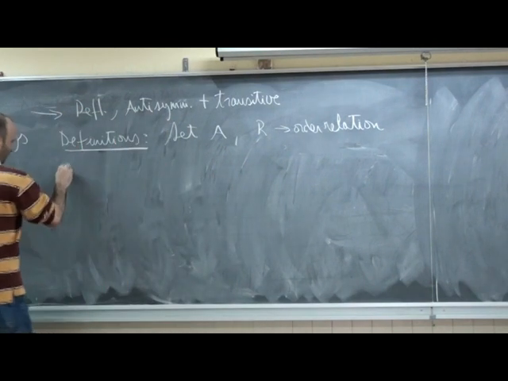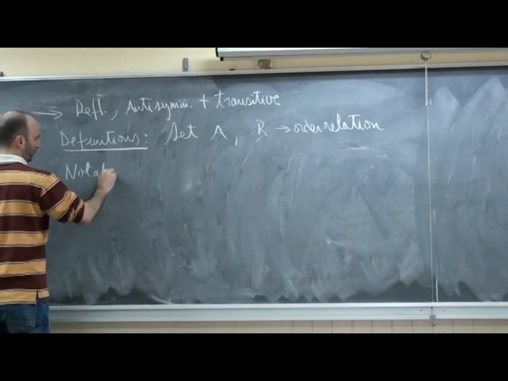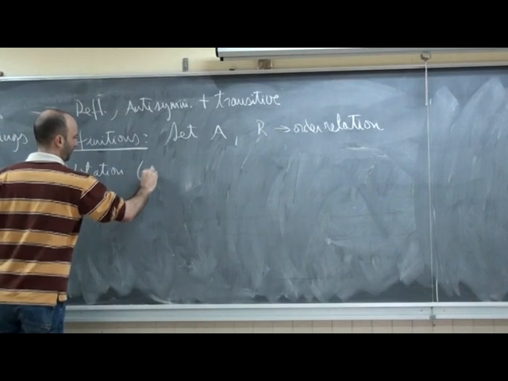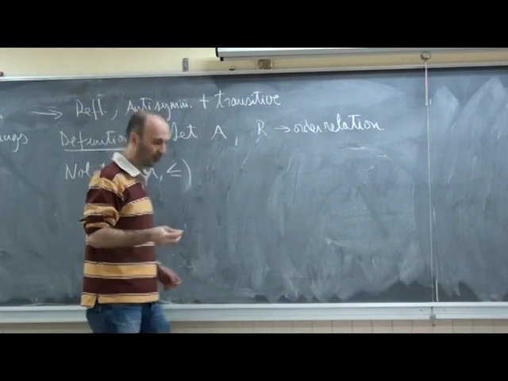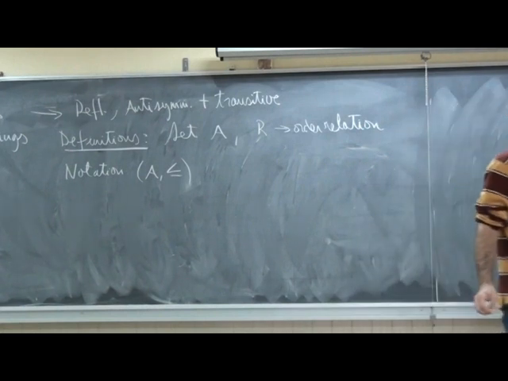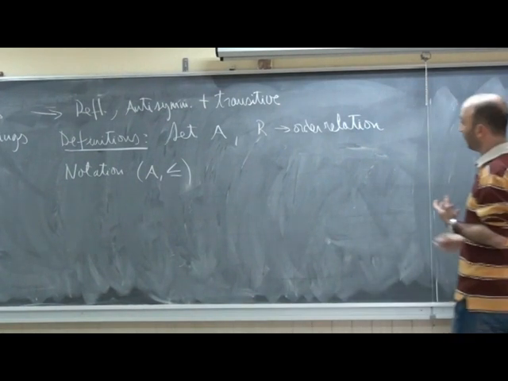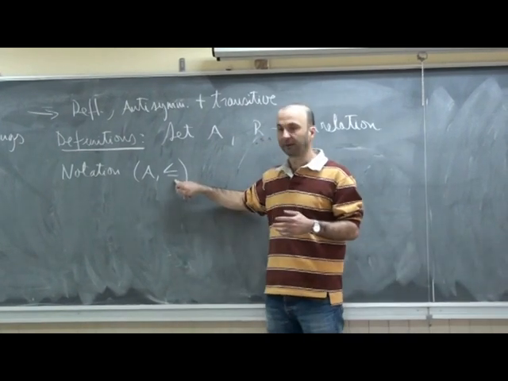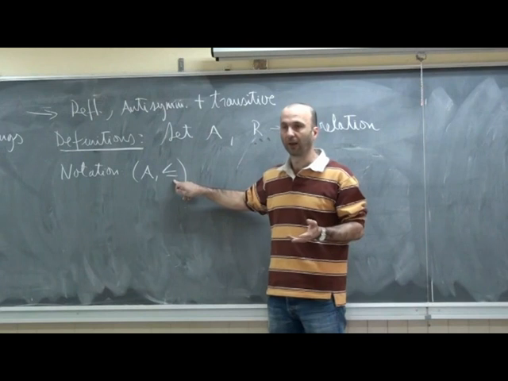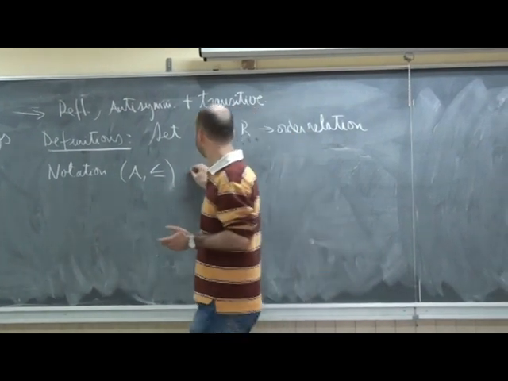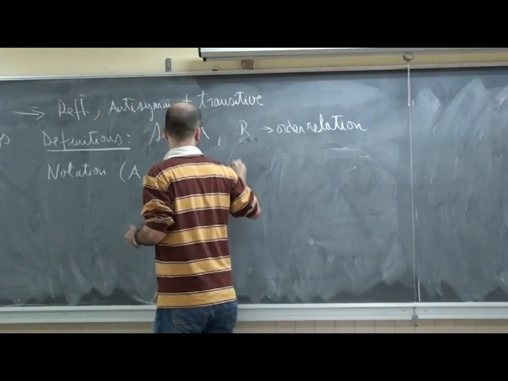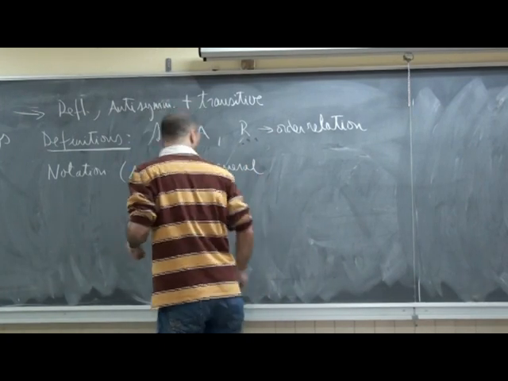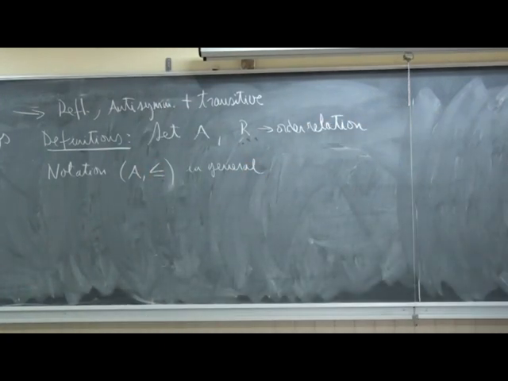And first of all, I write that, which means that when I know this relation is of order, I just write this sign, which is less or equal than in general. A couple of examples here.